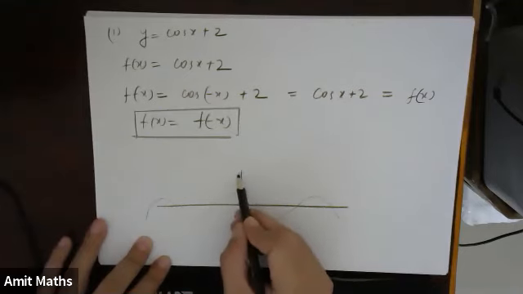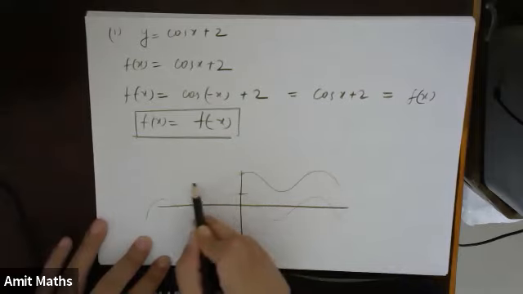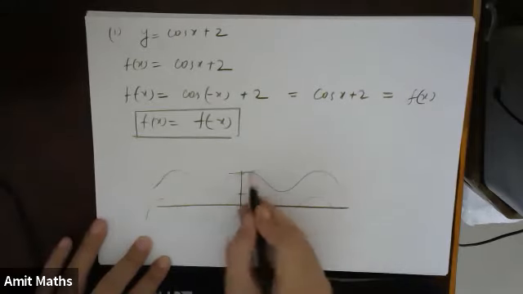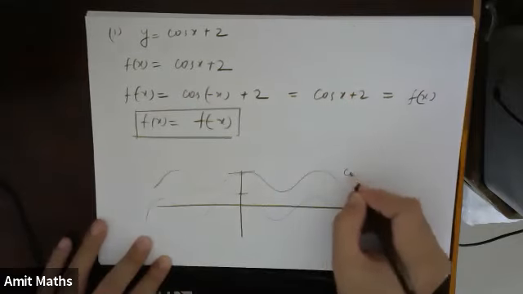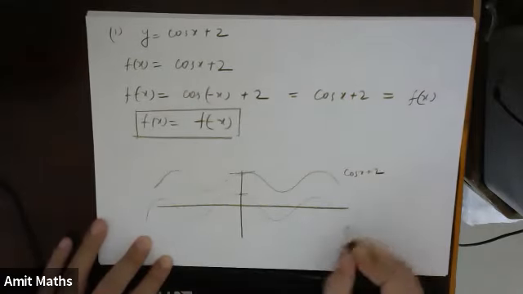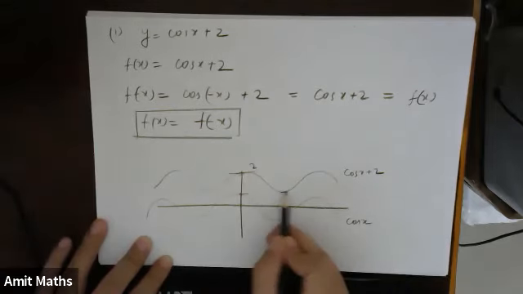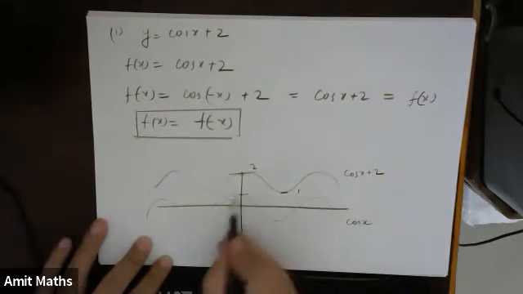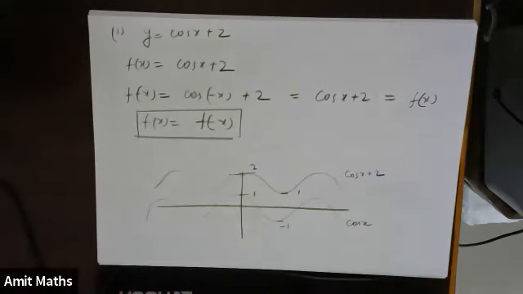So the cos x plus 2 graph will be something like this, symmetric about the y-axis. So this is cos x plus 2 and this is simply cos x. Now my highest point will be 2 and the minimum point will be 1. In this, the highest point is 1, minimum point is minus 1. Simple. Understood? Right?